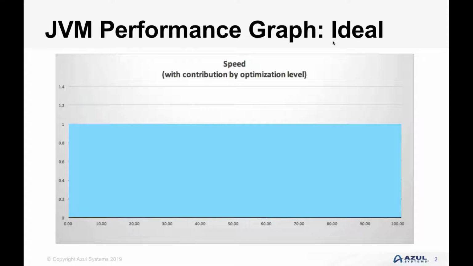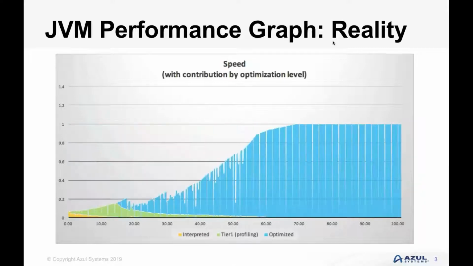However, what we actually get looks a bit different. This is a much more representative graph of how the JVM delivers performance to your application as it runs. As the application starts off, it starts off quite slowly. The reason is that Java uses bytecodes.